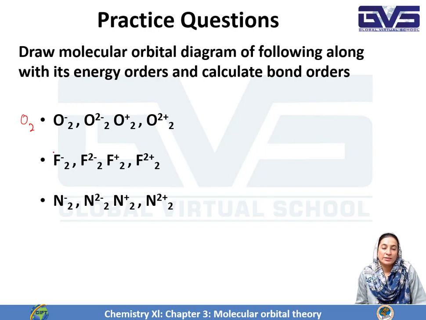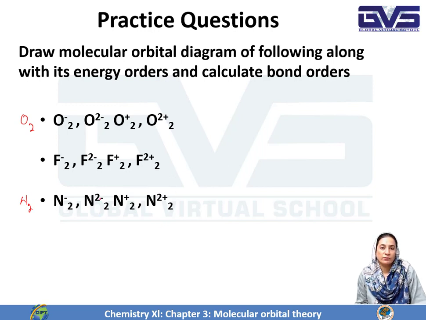Fluorine and oxygen have the same type of molecular orbital diagram. Just take care how many electrons are in fluorine. I have already drawn for N2, that is neutral, and also explained with reference to negative 2 and positive. So draw the molecular orbital diagrams for all these.